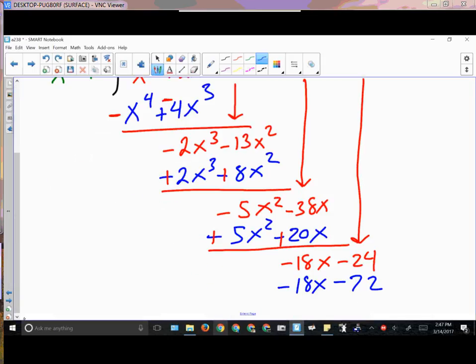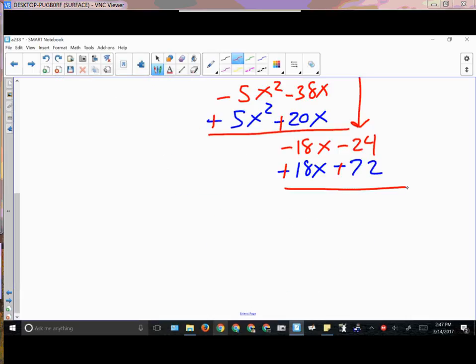So now, next thing I have to do, change the signs. That goes to plus, that goes to plus, and that cancels out. Negative 24, positive 72, so that is going to give me what? 48. But it will be positive 48.